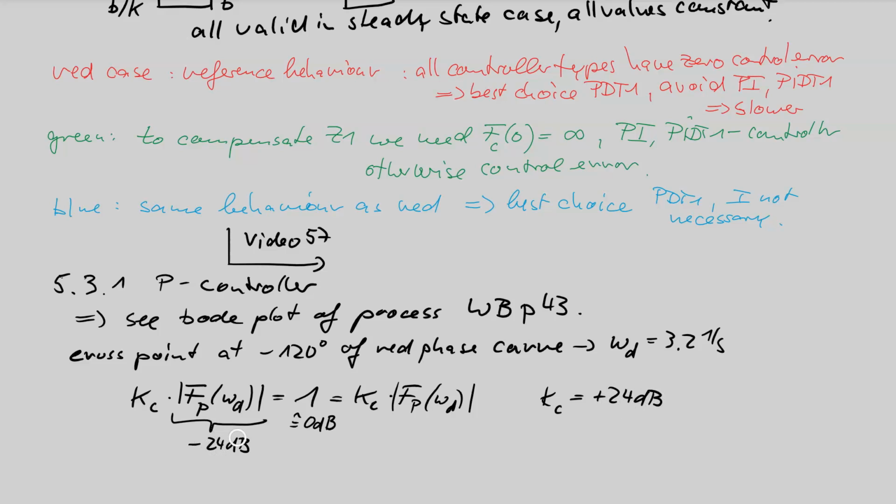So if this is -24, Kc must be +24, and this is equivalent to 15.8. So with this gain Kc, we have a phase margin of 60 degree for all further designs and this controller.